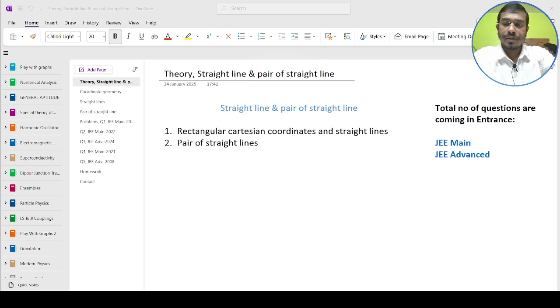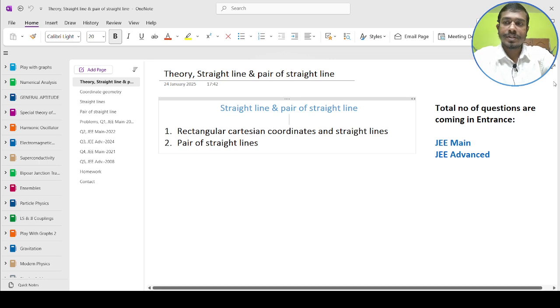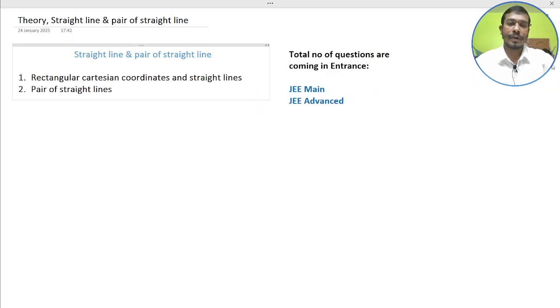So basically, in our previous lecture, we had discussed the differential equation from class 12, and in today's class, we will cover the important topic, coordinate geometry. Basically from class 11, lecture number 8, the straight line and the pair of straight lines.